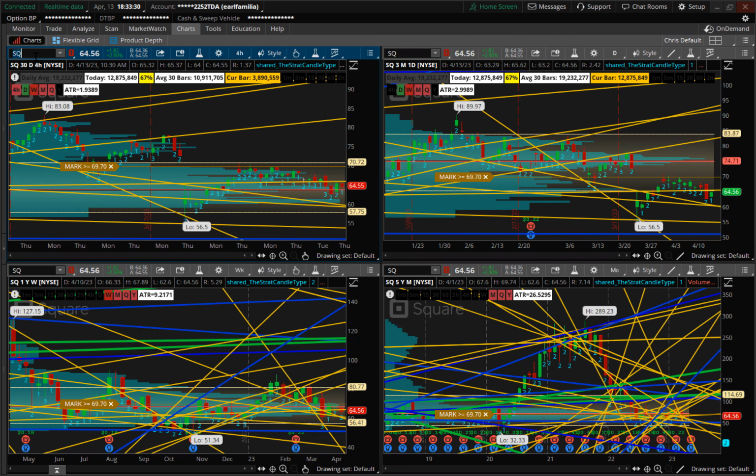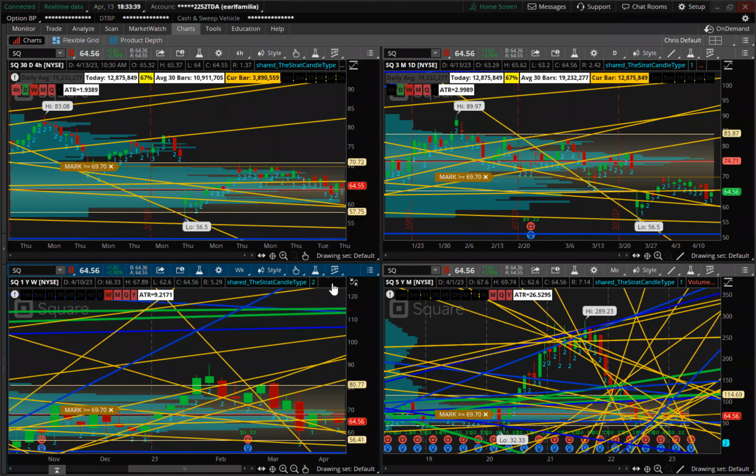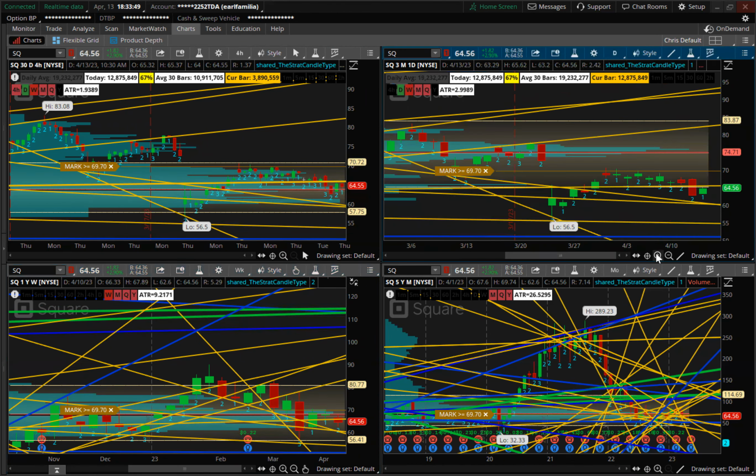So we got SQ right here, 2 down on the week. Been kind of weak. Looks like it hit some lows Tuesday, and looks like it's starting to trek its way back up. Now it's made its way to a weekly broadening formation or just under it. Got a little bit of rejection.